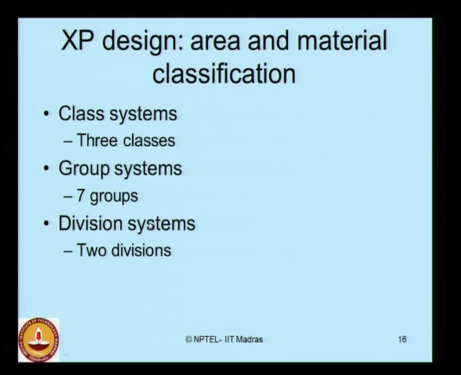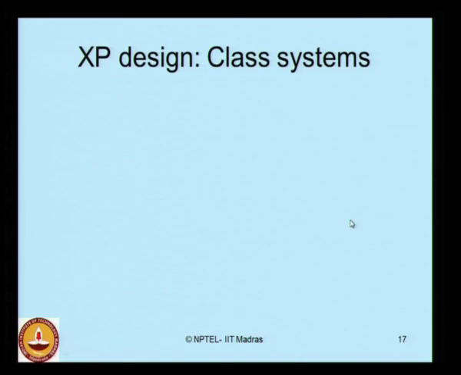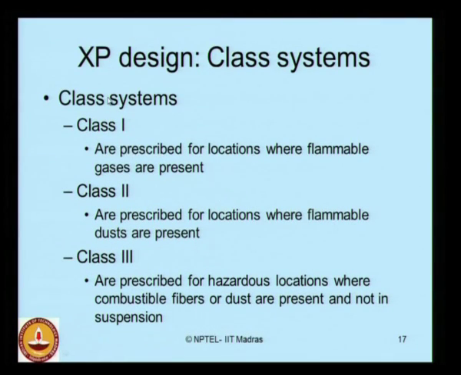You can always design an explosion proof area, and the material has to be classified depending on any one of these three: class systems, group systems or division systems. Now let us talk about the class system of explosion proof design. The class system consists of 3 classes, as I said: class 1, class 2 and class 3.